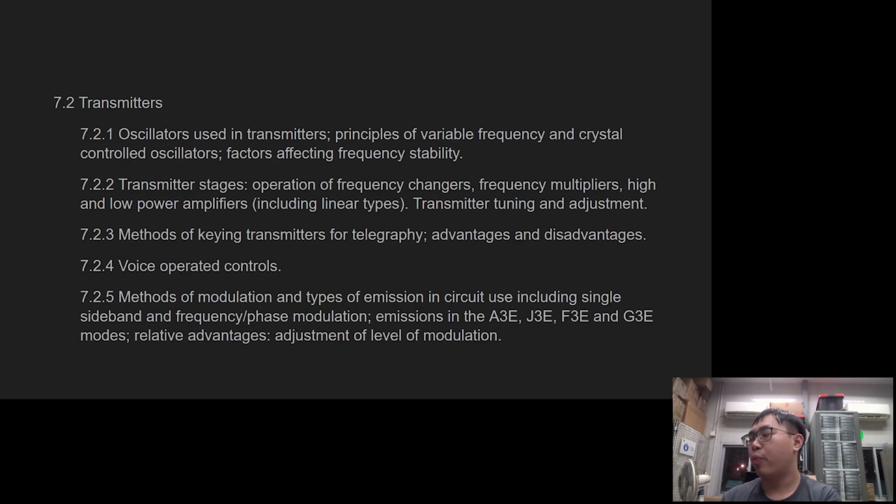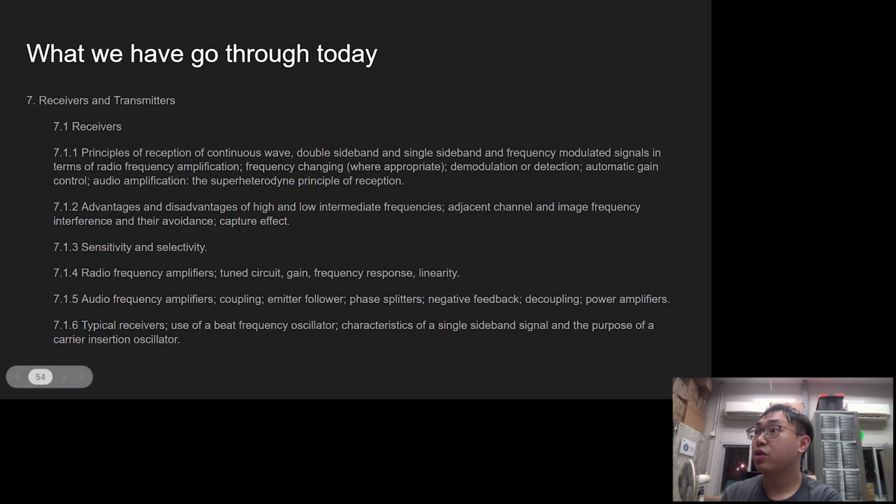We have covered zero material on phase modulation, but A3E, J3E, and F3E you have to memorize. I haven't talked about the telegraph. If we have time, we'll go through it at a later time. Voice operation control, and so on. So you see that most of the materials I've already covered.